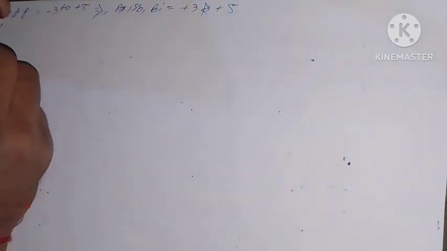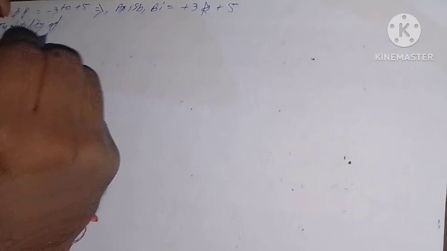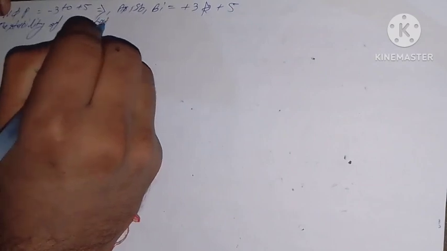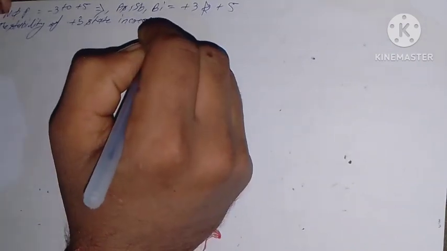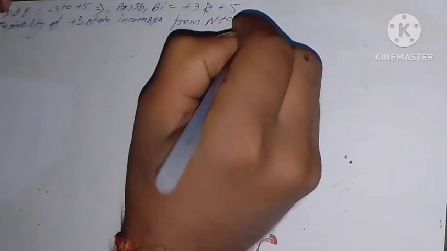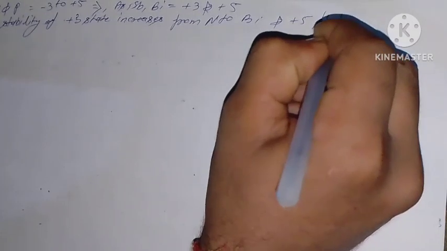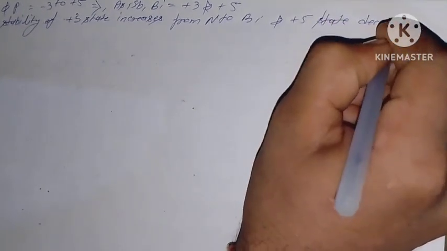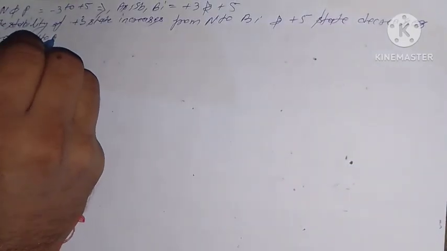The stability of the +3 state increases from nitrogen to bismuth, and the +5 state decreases from nitrogen to bismuth.